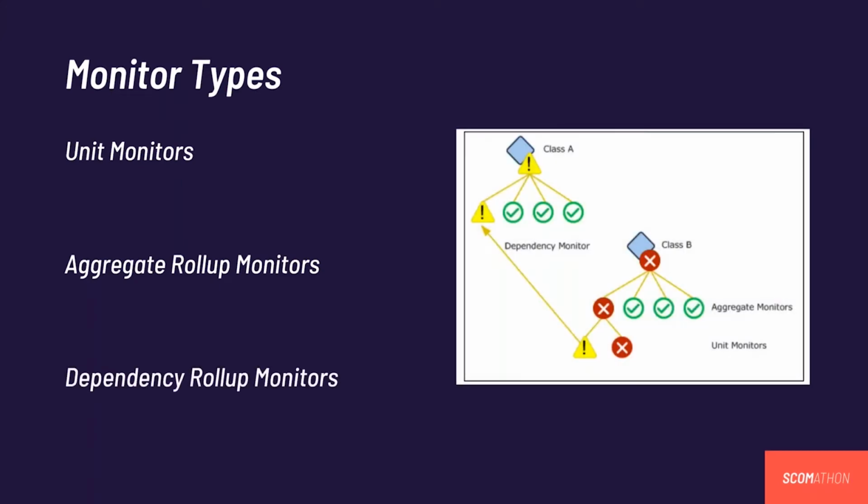Then you've got a dependency roll-up monitor that rolls up the health state from targets linked by either a hosting or a containment relationship, right? As opposed to a roll-up monitor, which only works with objects in the same class, you can actually link the health states of objects of different classes using a dependency monitor.